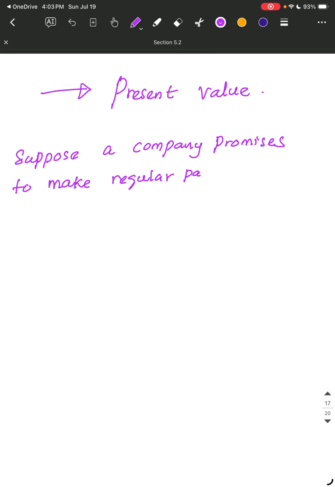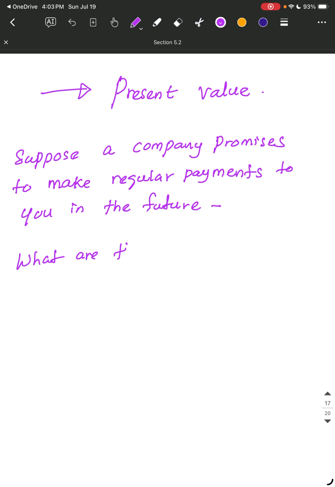So, what are those future payments worth today? So that question involves the present value of the annuity.